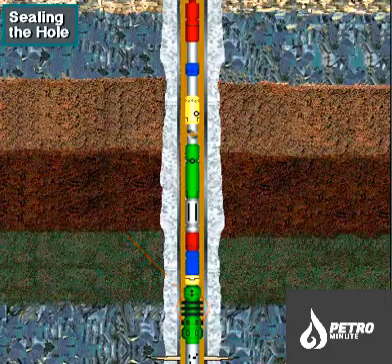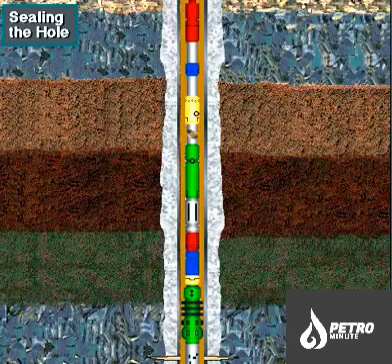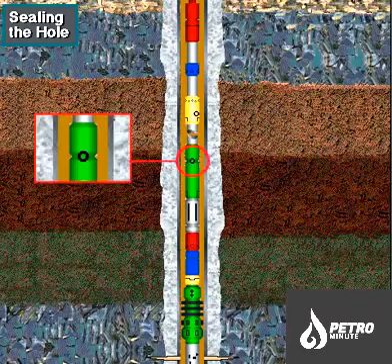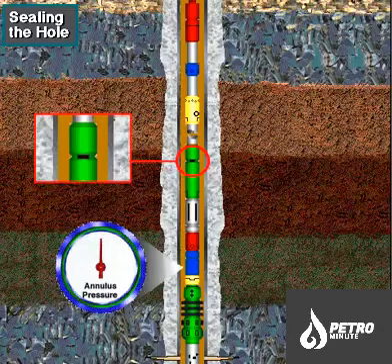With the hole sealed by the expanded packer, the DST operator rotates the drill string. Rotation opens ports inside the DST tool. With the ports open, formation fluids flow into the tool and to the surface.